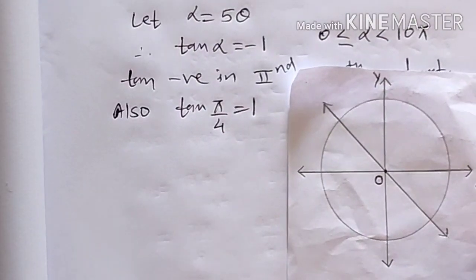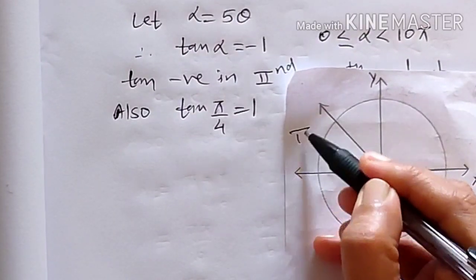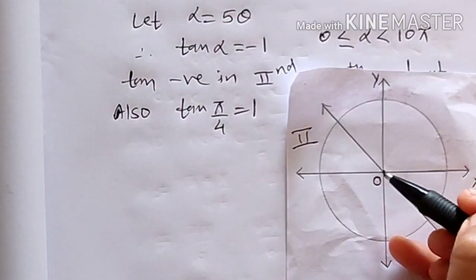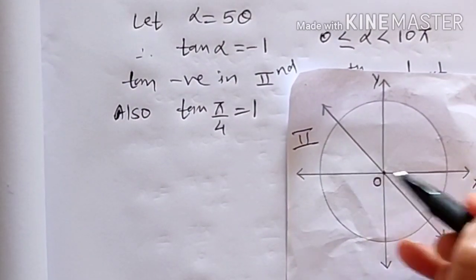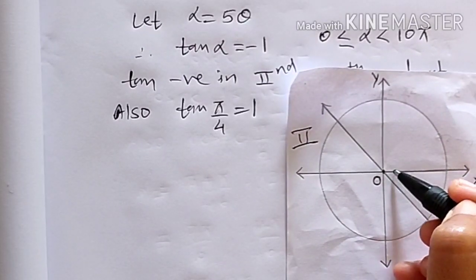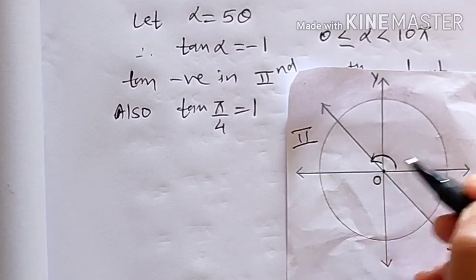So we have this standard unit circle, we have x-axis, y-axis, and now we are going to consider the second quadrant and fourth quadrant. And we know that this particular angle is pi by 4 radians, and we are interested in this particular angle. So alpha can be either this. How much is this angle?